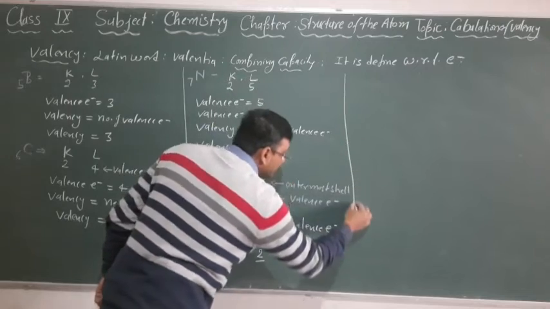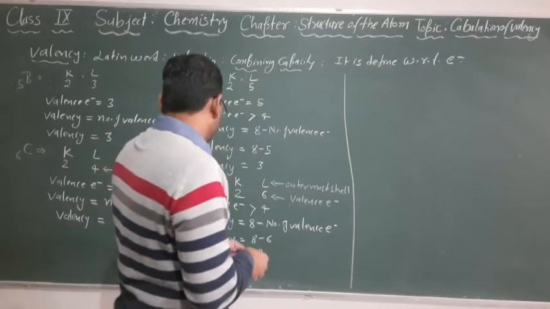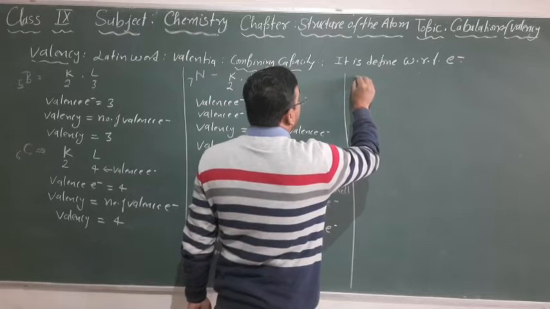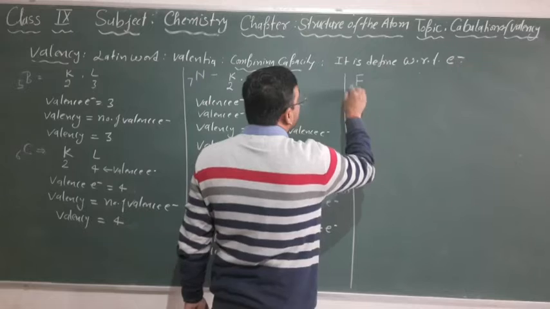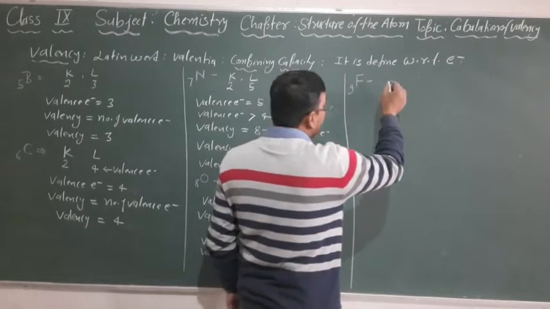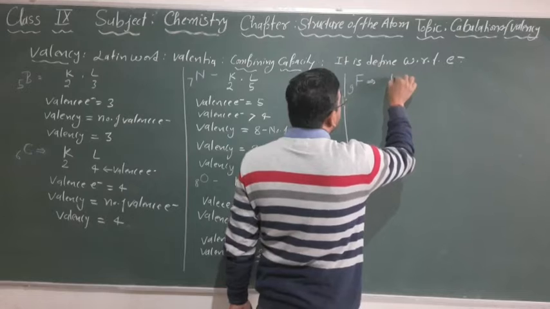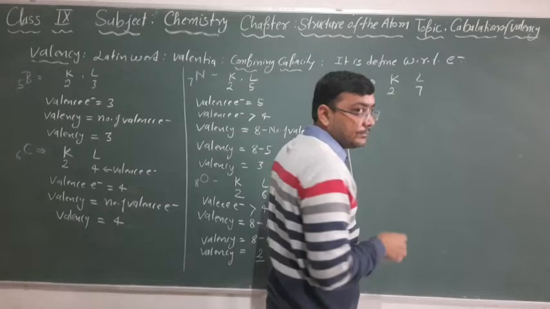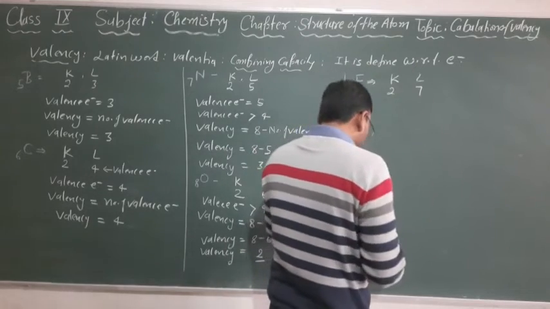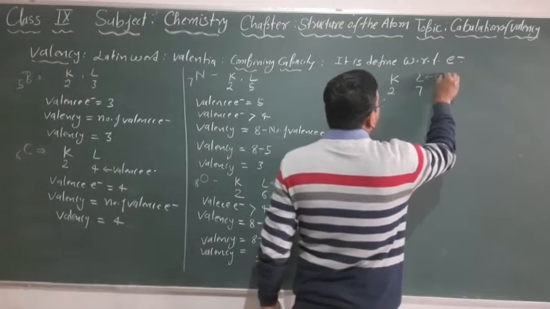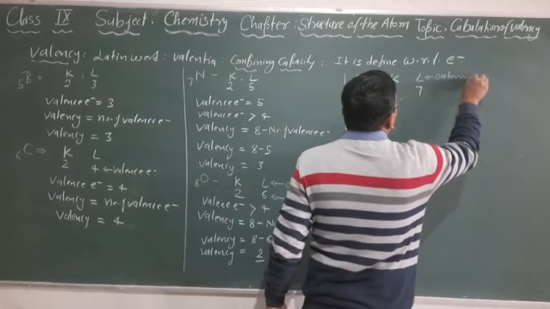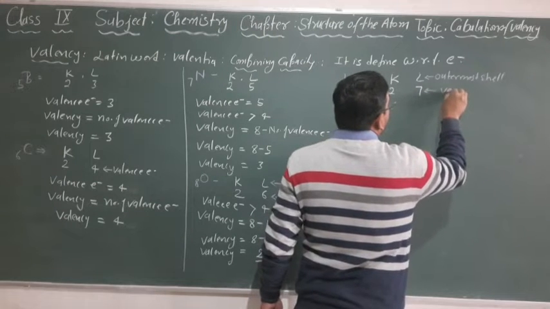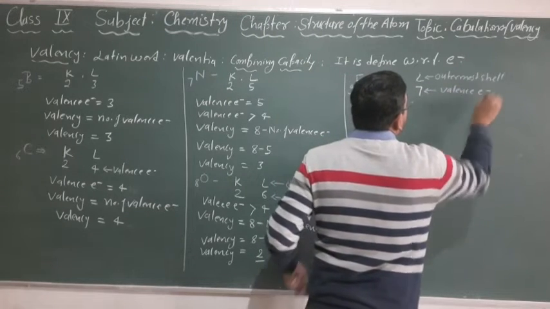Now next, 9, fluorine. So here we can write the electronic configuration as K 2 electrons and L cell 7 electrons. Clear? So now it is the outermost cell with 7 valence electrons.